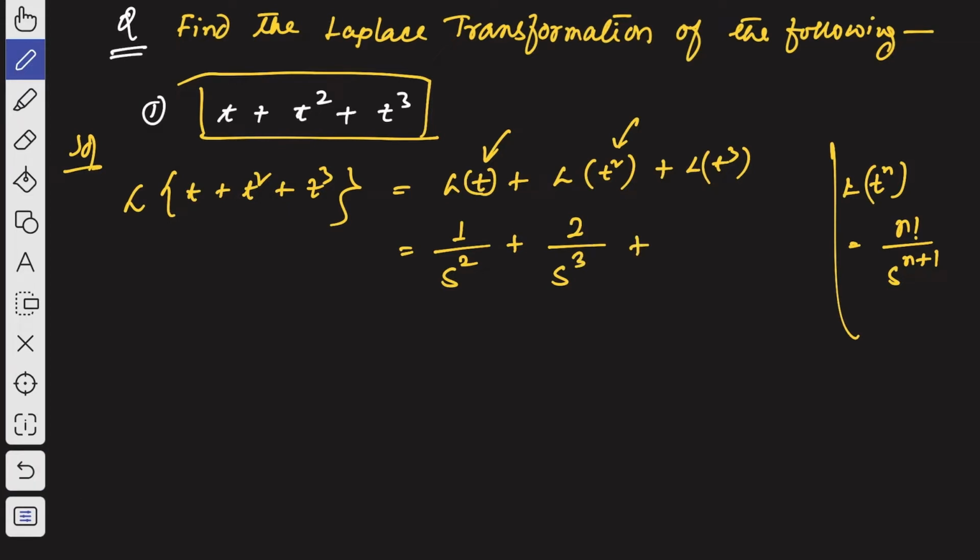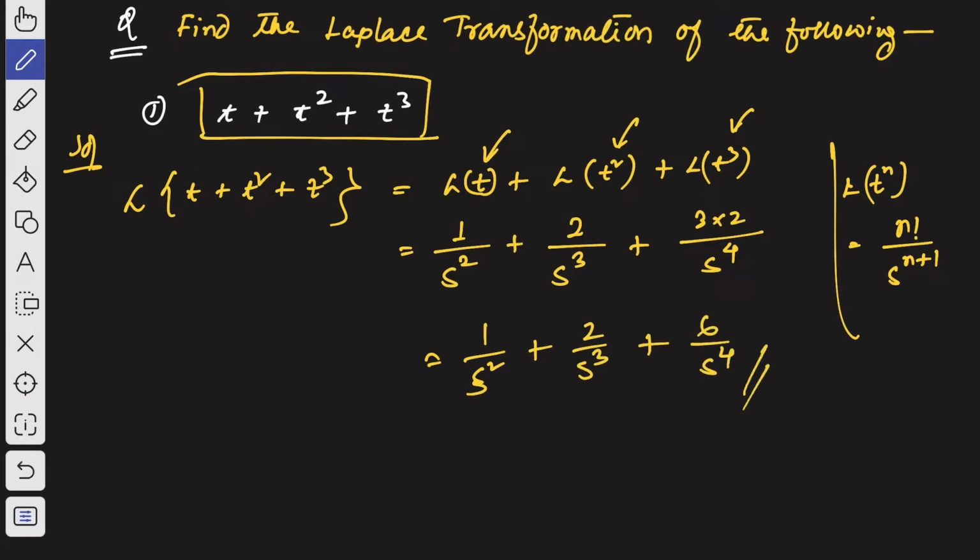Similarly, t to the power 3, so factorial 3 means 3 into 2 into 1, and s to the power 3 plus 1 means s to the power 4. So finally we have got 1 by s square plus 2 by s cube plus 6 by s to the power 4. That's our answer.